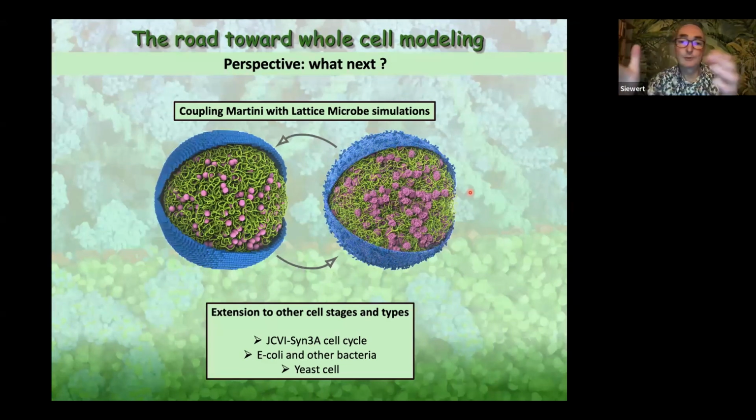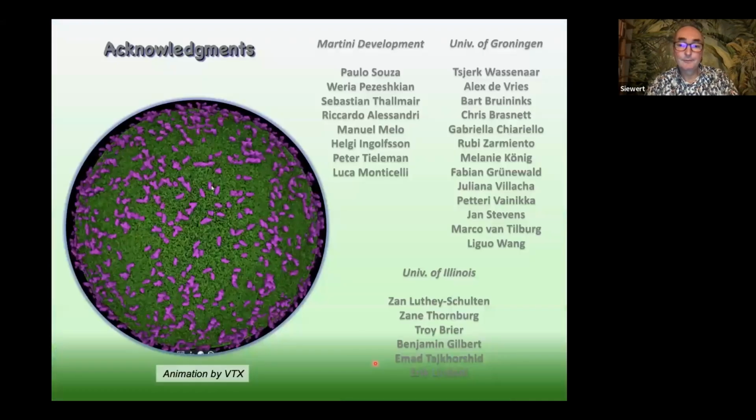From the network models, we can get more up-to-date compositions at different stages along the cell cycle. And then eventually, of course, we hope to be able to extend this approach also to model other bacteria, E. coli, or eventually even a yeast cell, but this will be really many years from now.